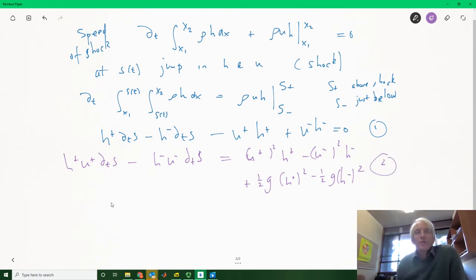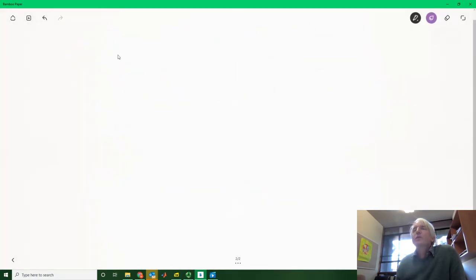So we're going to consider two simple cases. So let's just clear this. Conservation laws give us these laws for the speed of the shock, and we're going to have two because we have two equations. So the first thing we've got is a hydraulic jump.